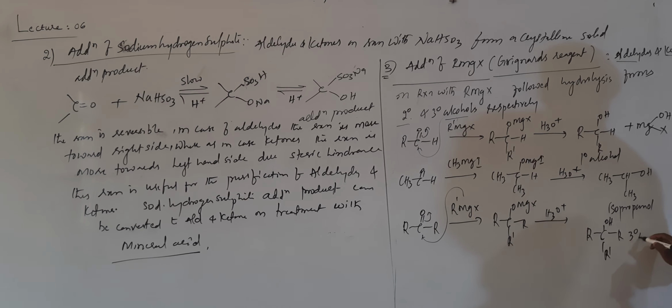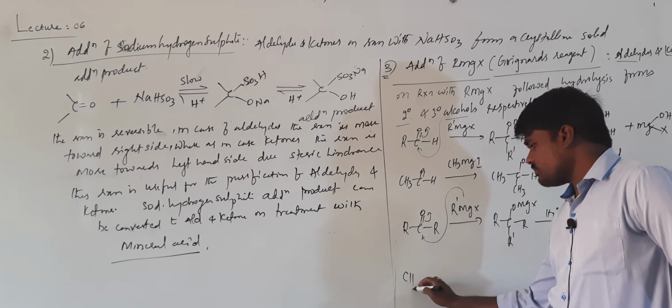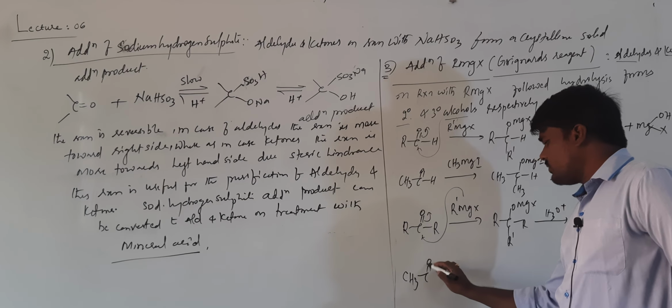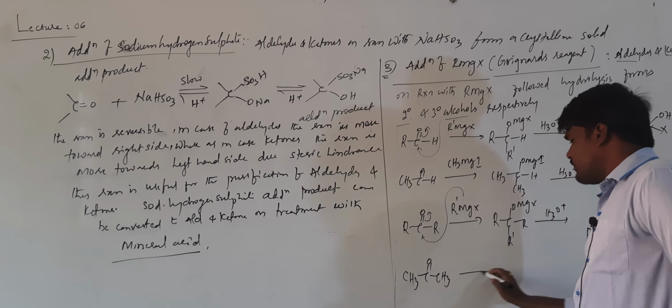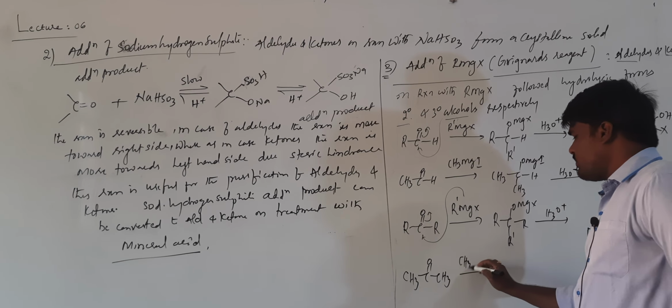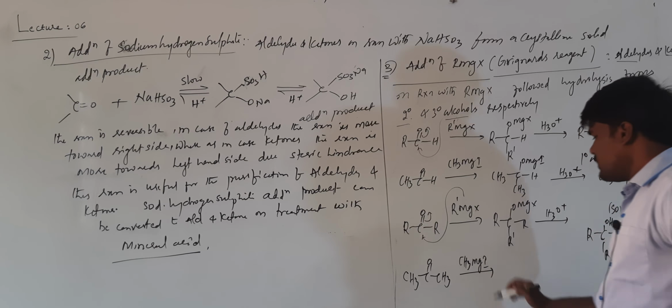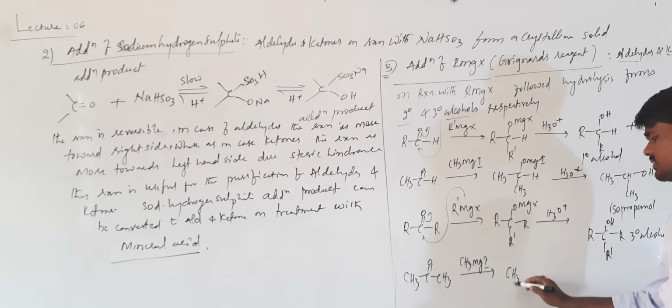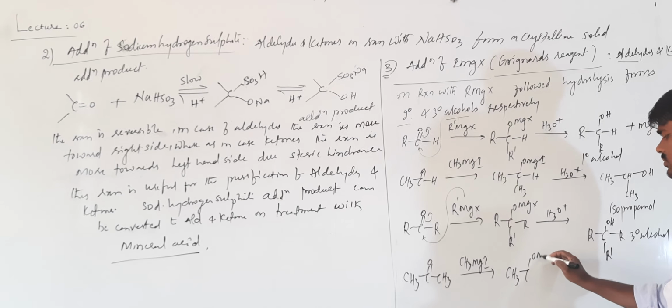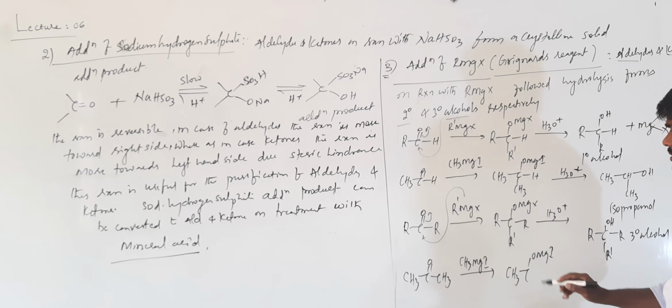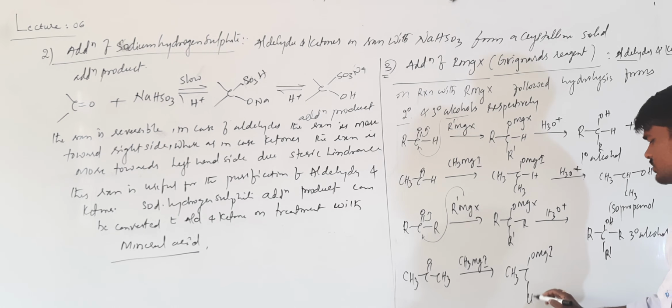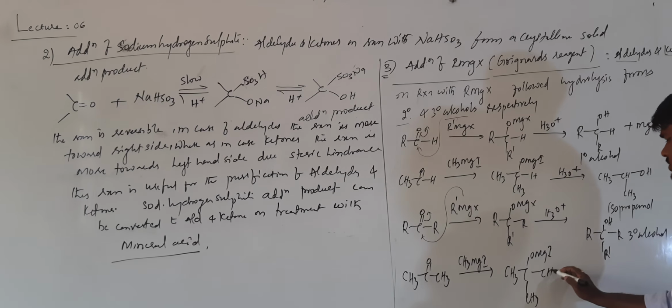This is what we call tertiary alcohol. For example, if you take acetone and treat this with methyl magnesium iodide, right, it will form CH3, OMgI, right, CH3 and CH3.